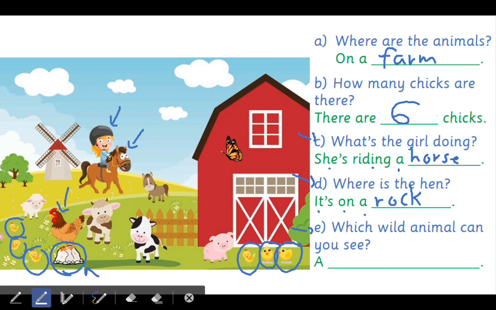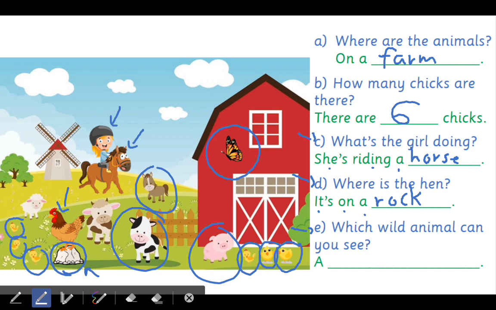They are all domestic animals, but there is one wild animal. Is the horse a wild animal? No. Is the pig a wild animal? No, it isn't. Is this cow a wild animal? No, it isn't. Is this butterfly a wild animal?